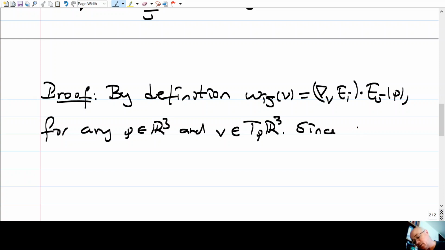Since E1, E2, E3 is a frame, it's an orthonormal basis at each point.